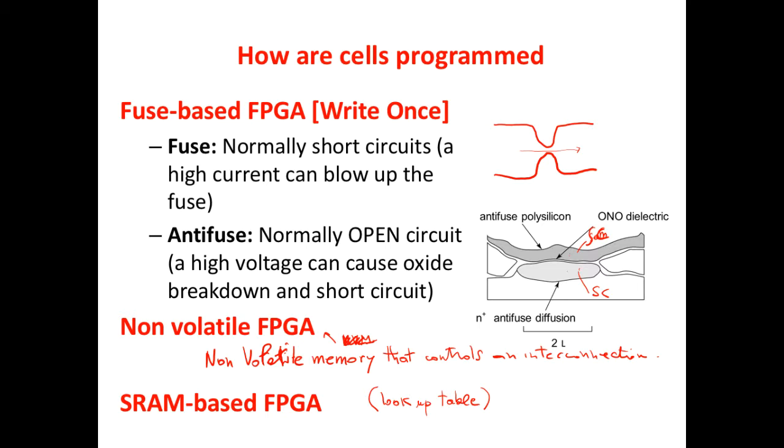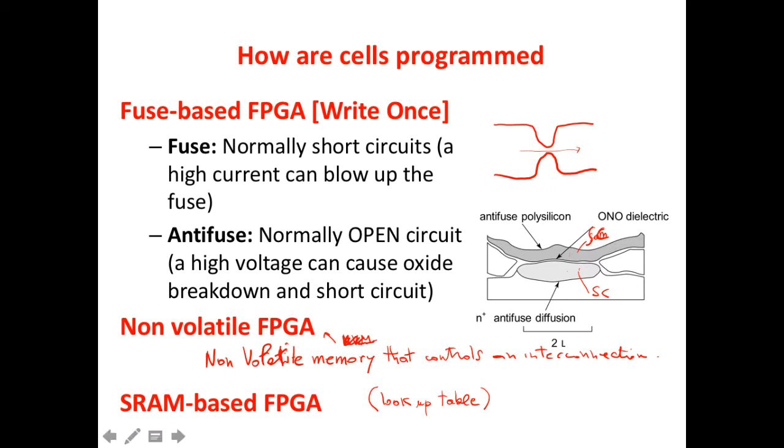For example, one typical situation is a fuse-based programming. Typically you have an interconnection like this, in which you have a conductor, a metal wire, with a narrower region, and this behaves like a fuse.